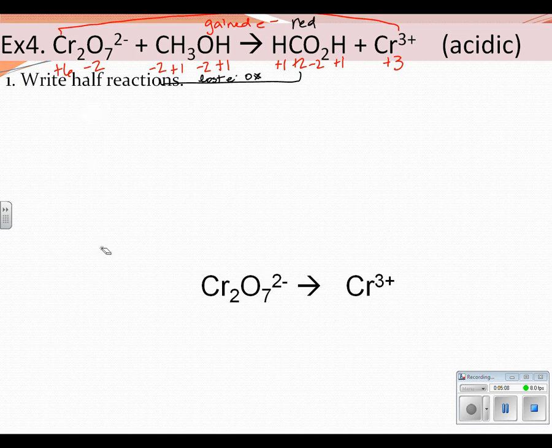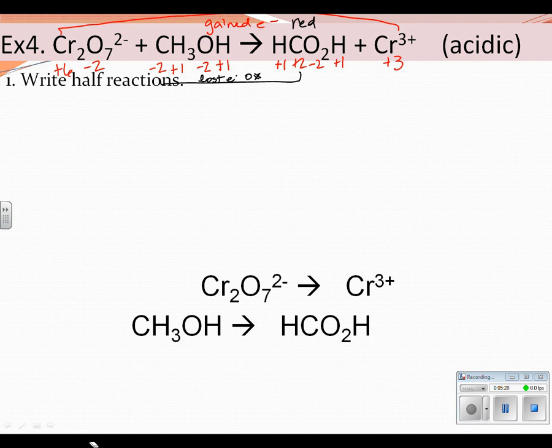Then I have my oxidized one, which was my CH3OH, which then became my HCO2H. That's methanol, by the way, that became formic acid.